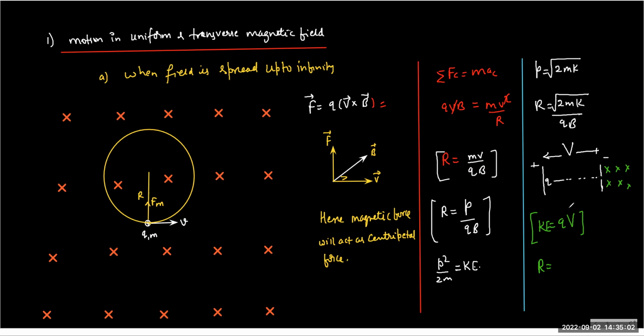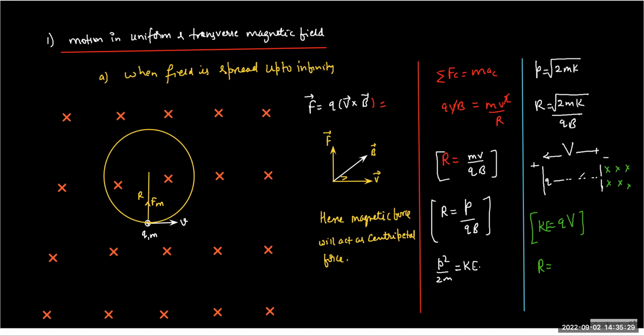Sir, I don't exactly understand the last part. Okay, if a charged particle accelerates through the potential difference V, what will be its kinetic energy? That would be QV. So you accelerate and then you enter some field. That's the idea.